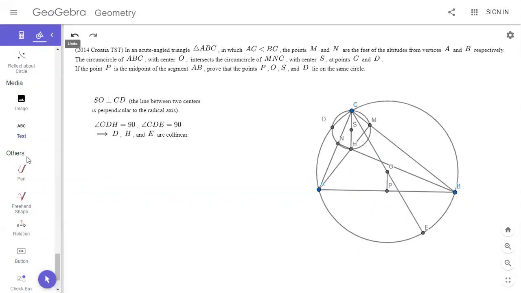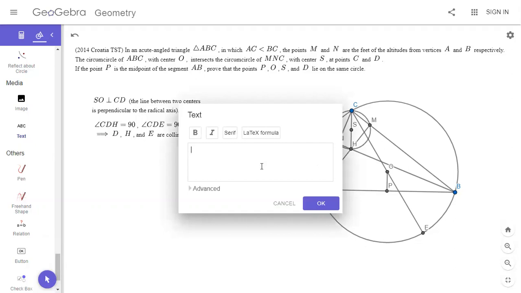Whoops. The text went away. Oh well, I'll have to retype it again.